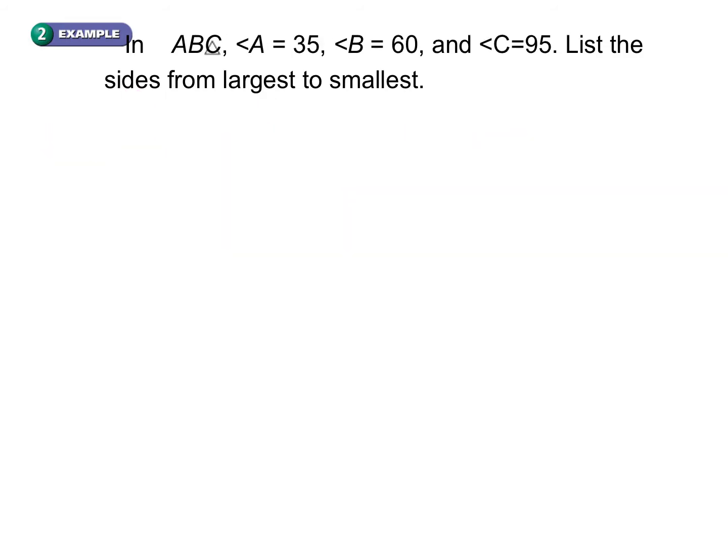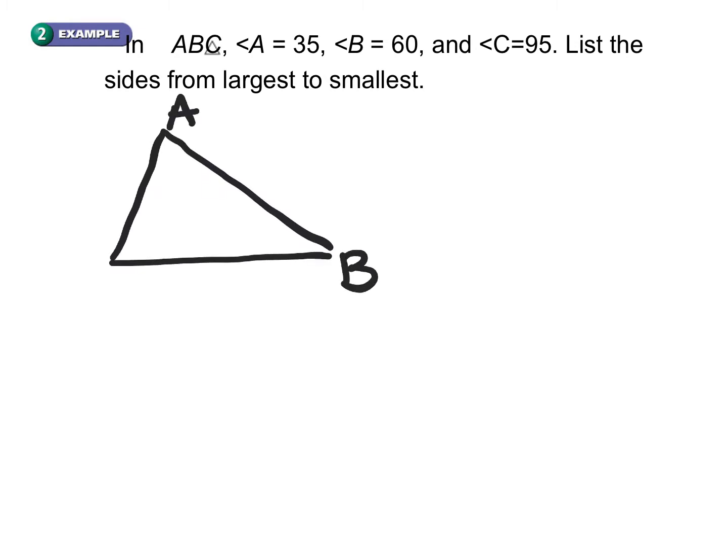Now in this example, in triangle ABC, it is given that angle A is 35, B is 60, and C is 95. List the sides from largest to smallest. So I'm going to start by drawing my triangle. I'll label it as A, B, and C. Now if I identify my angles, the largest angle is the 95, so the largest side is straight across.